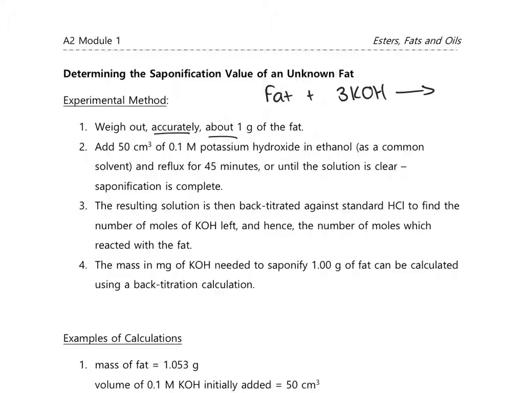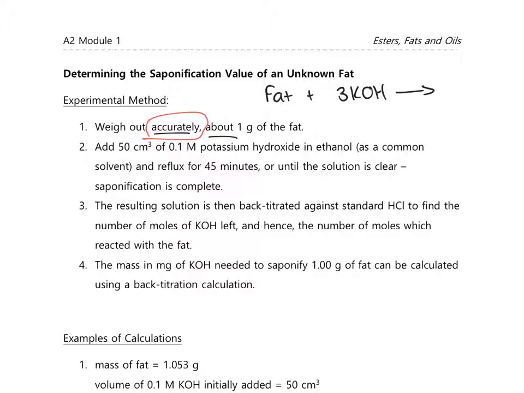We would have written it accurately, approximately 1 gram. But what does that word accurately mean? Do it well, with a good scale. Because you can only measure to certain decimal places. If your scale does 2 decimal places, you can't get it to 3 decimal places.